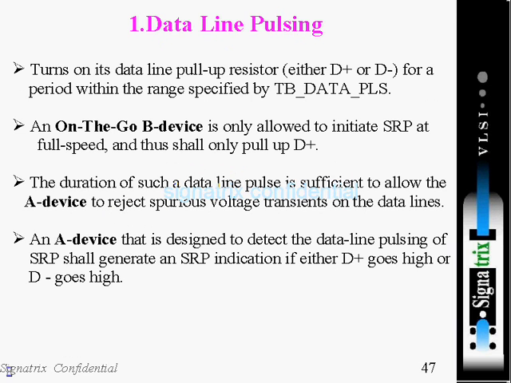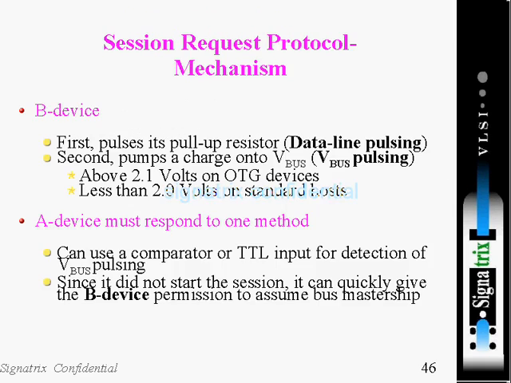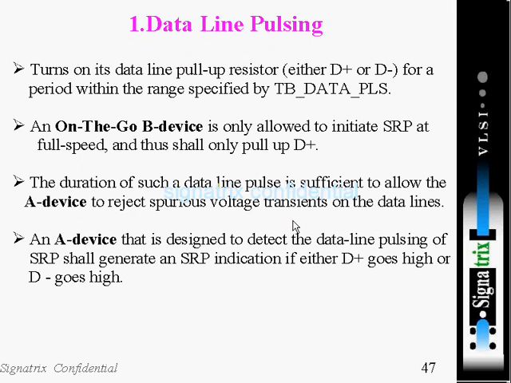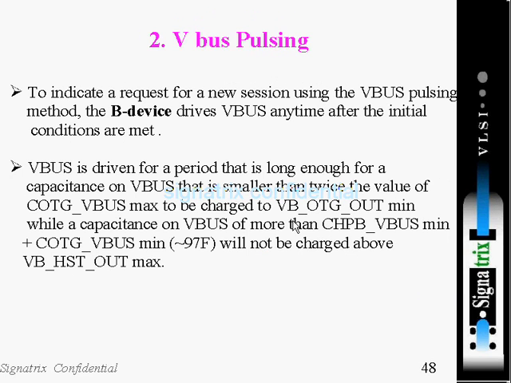That's why they mentioned in this slide that it may drive up to 2.0 volts. Maximum, I think, 5 volts. On VBus we can drive up to 5 volts, but VBus pulsing means it can drive less than 2 volts, a very small amount of power.